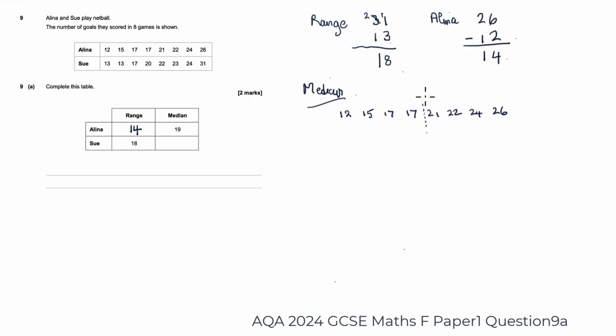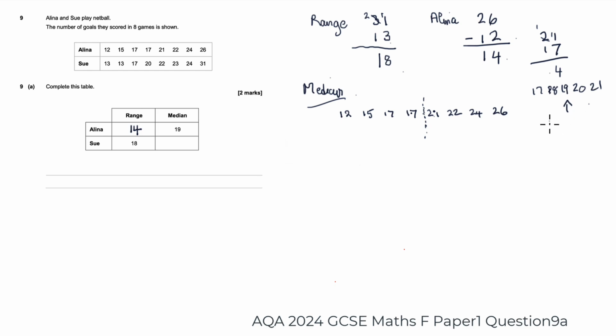There's 4 to the left of this dotted line and 4 to the right of this dotted line. And if we look at 17 and 21, there's a gap of 4 between these two numbers. So halfway between 17 and 21 would be 19. That's halfway between 17 and 21.